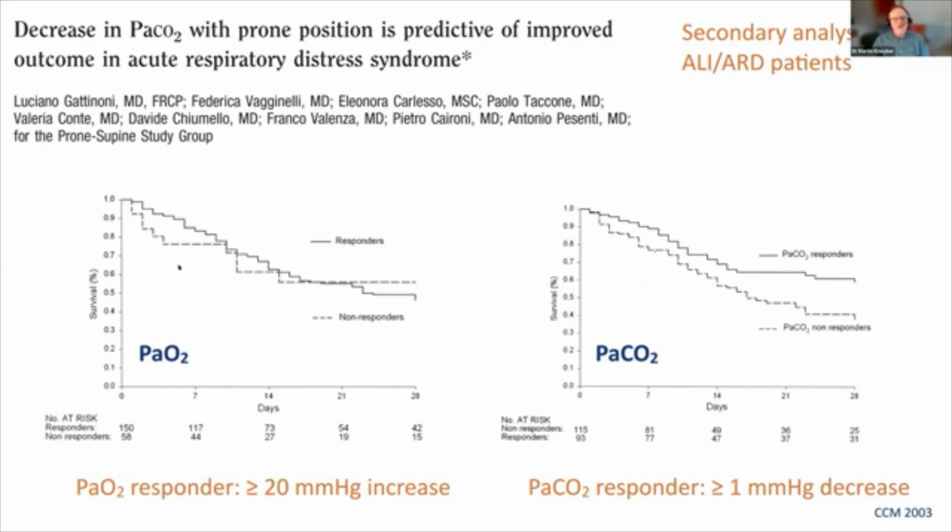They found that patients who had an improvement in PO2, defined as more than a 20 millimeters of mercury increase, when put in a logistic regression model as responders versus non-responders, did not really seem to have an impact on outcome. Whereas if they stratified patients by a response in ventilation, defined as more than a 1 millimeter of mercury decrease in CO2, those who were CO2 responders had a much better outcome than those who didn't respond in ventilation.